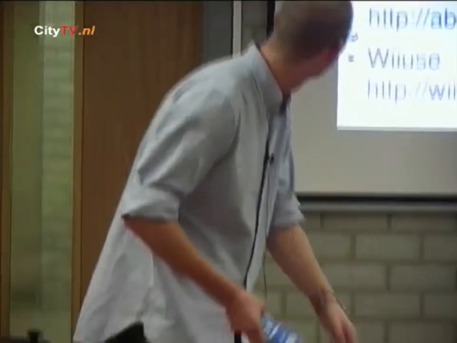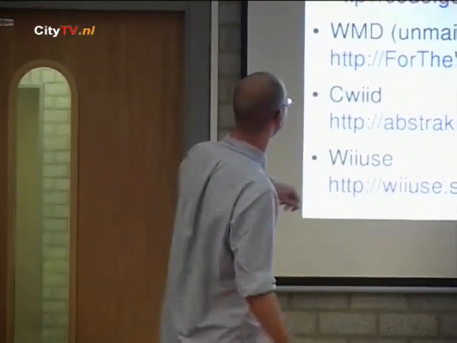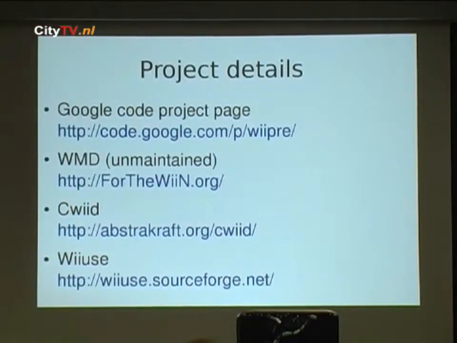Okay, so project details. This is a project we started, WePre. In the end, I want to rewrite it. I want to take a good library and do everything nicely documented. All this is not really documented. It's really people sitting down for a week, coding it, and then going off to do something else. I want a developer base.